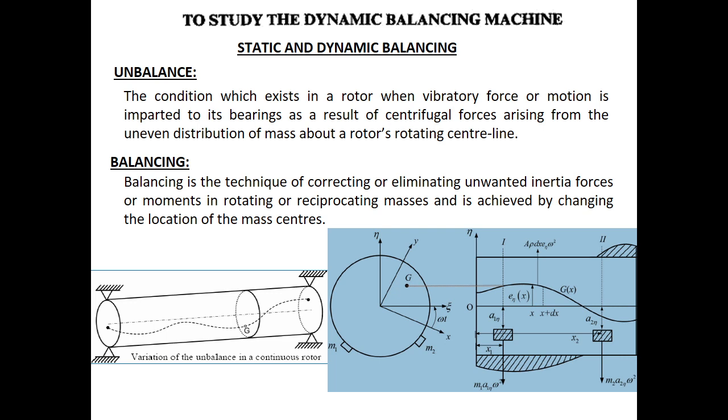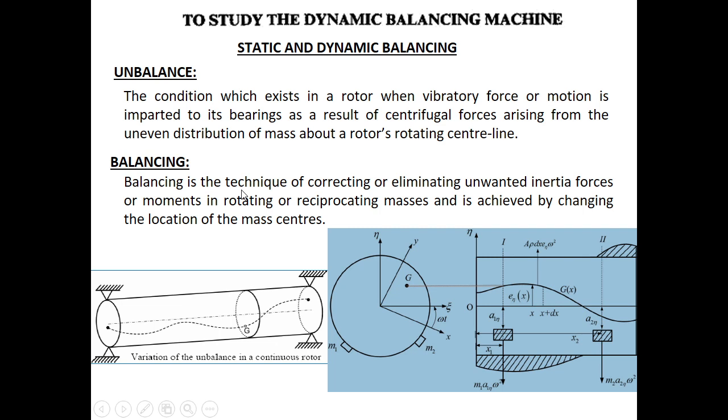So this is the unbalanced force, the centrifugal force, epsilon into omega square. This epsilon is basically known as eccentricity, the distance between the rotational axis and the centroidal axis.